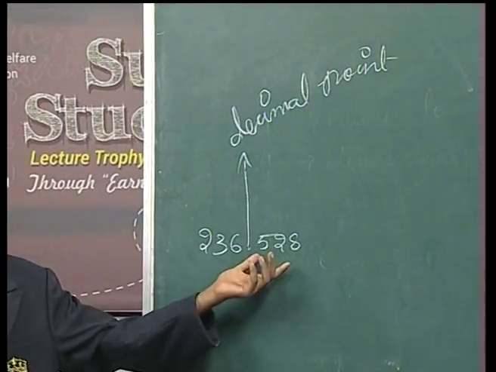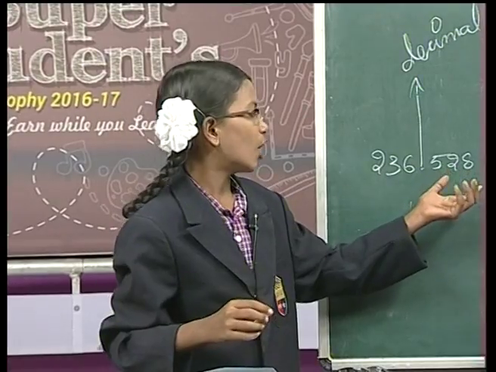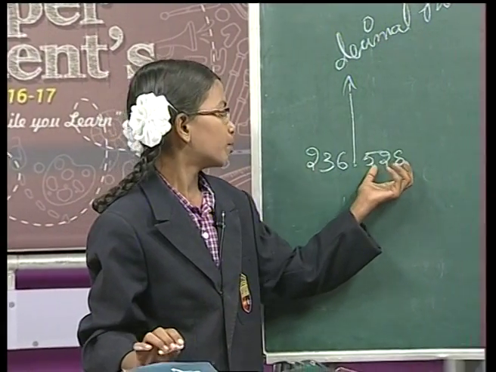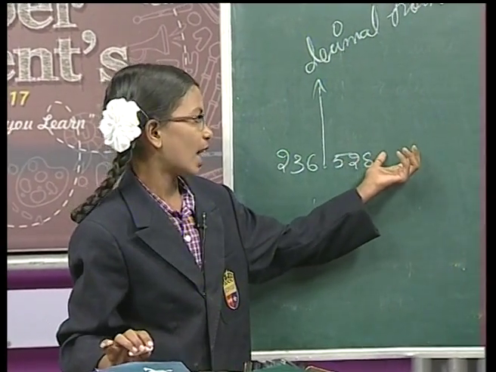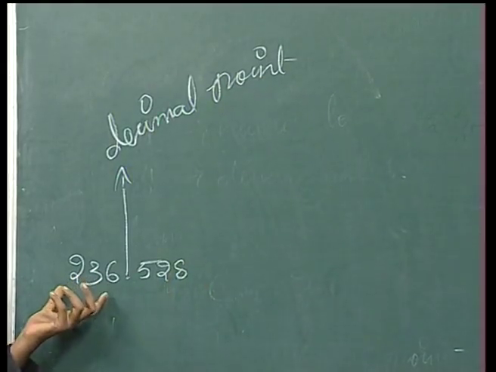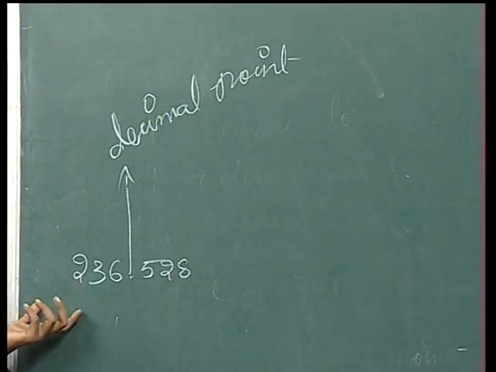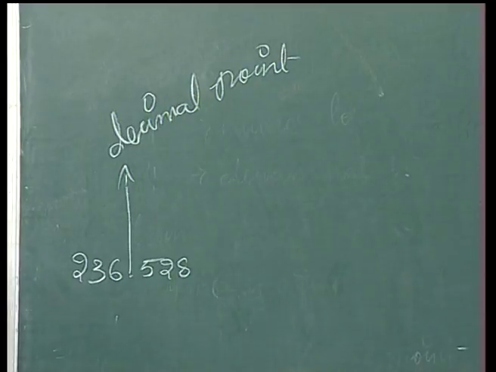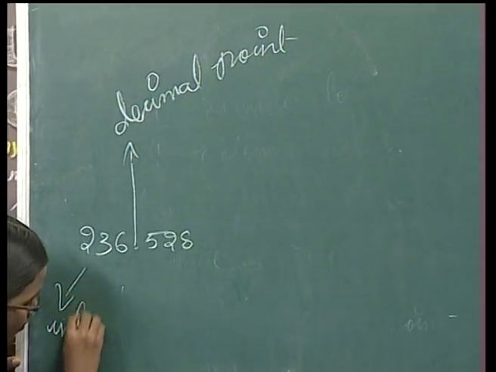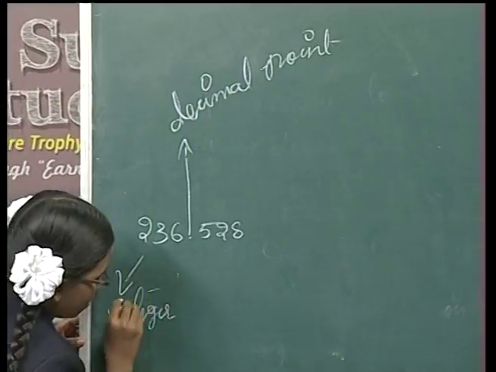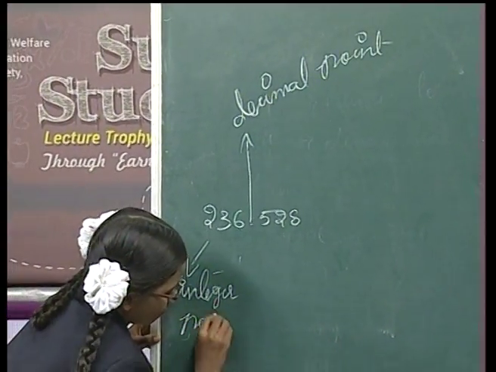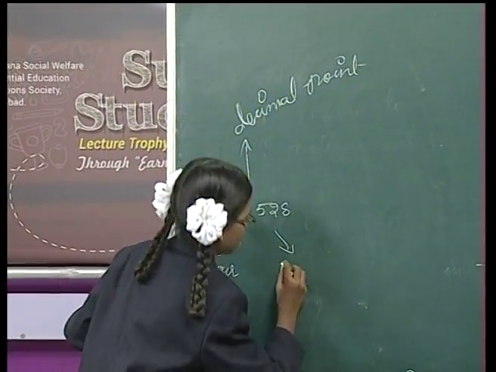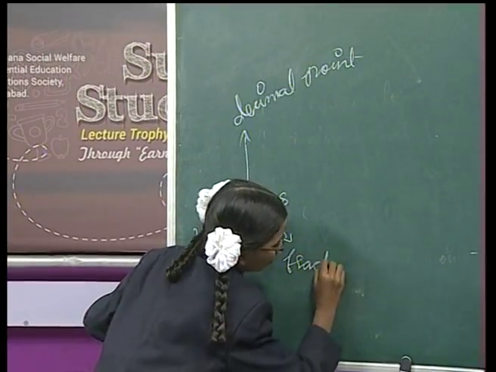Here after decimal point numbers are called fractional part, and before decimal point numbers are called integer part. These are integer part. These are fractional part.